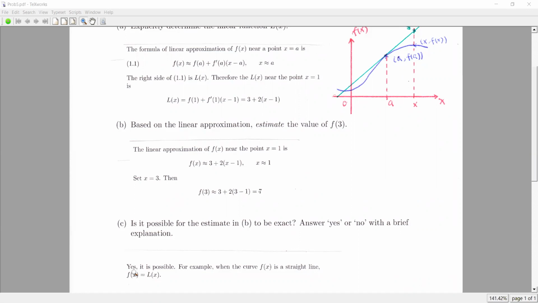The answer is yes, it is possible. For example, when the curve is a straight line, then the curve and the tangent line coincide. In the case when we use tangent line to estimate the curve, the estimate is exact.